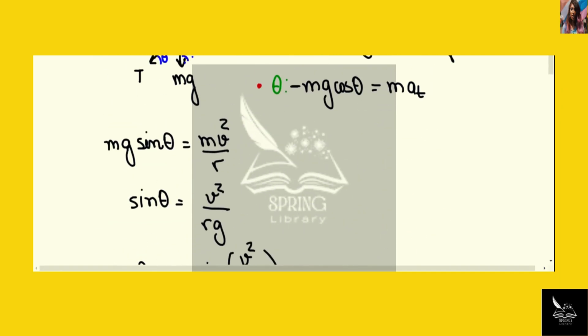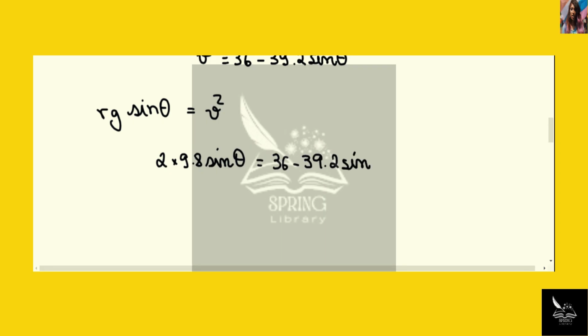Now we can go back to the equation that we had before, this one here, and substitute it here. So we have g times r sine of theta is equal to v squared. So we have r g, that's 2 meters times 9.8, sine of theta is 36 minus 39.2 sine of theta.